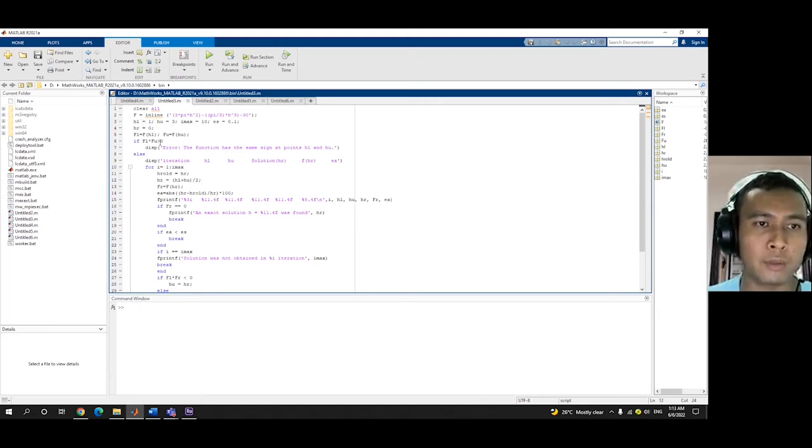If FL times FU is greater than 0, it will display that the function has the same sign at points HL and HU.